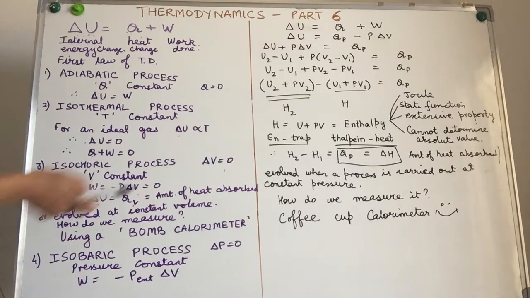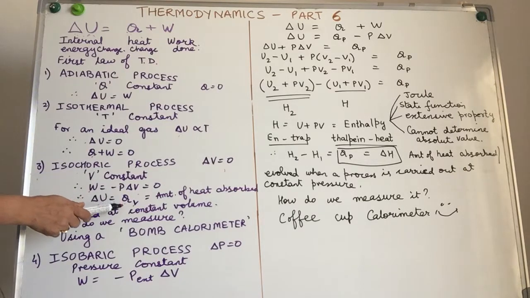We cannot determine how much is the internal energy of this whiteboard. But when we subject it to some chemical change, it is the change in internal energy which can be measured, and this is equal to the amount of heat which will be absorbed or evolved when the process is carried out under constant volume conditions.